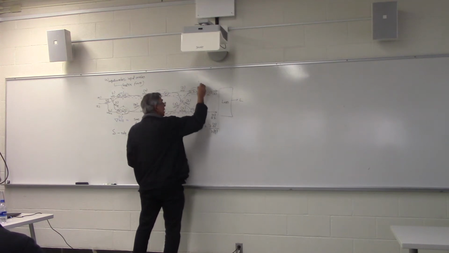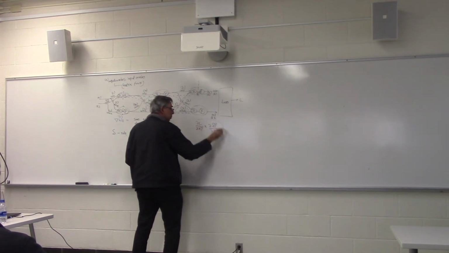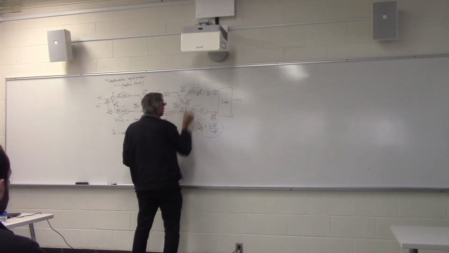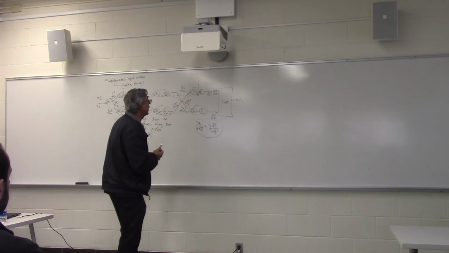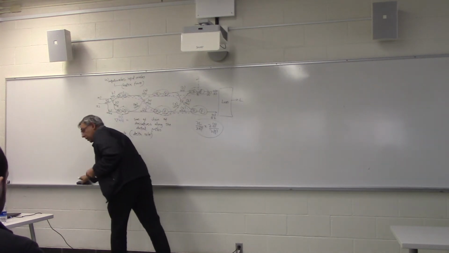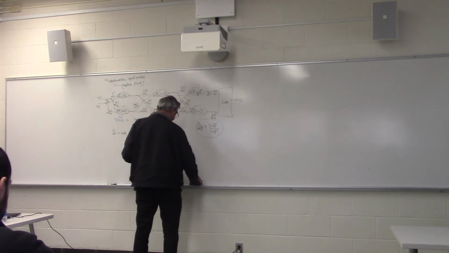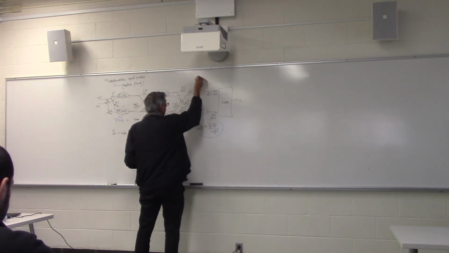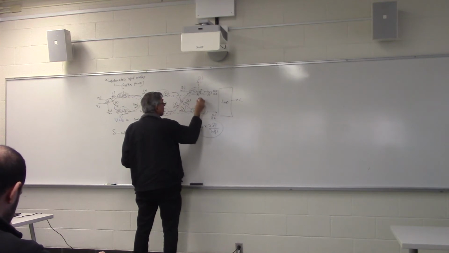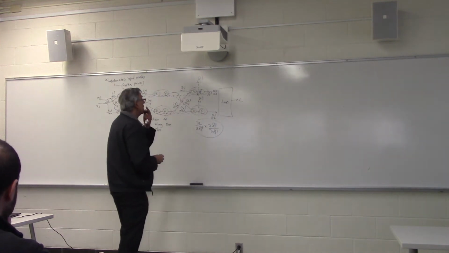So this product, which is basically the cumulative derivative up to this point, is what we will call delta 1 of 3. So, okay, and very similarly over here, delta 1 of 2.